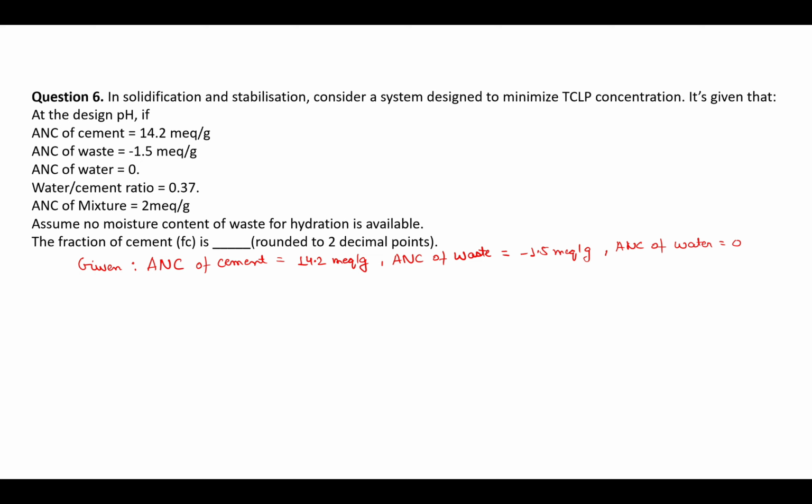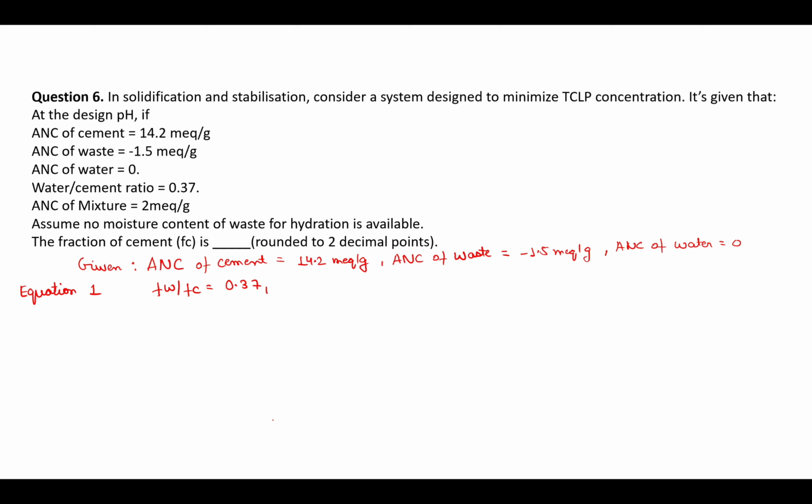So we have been given the acid neutralization capacity of the cement, waste and water. So our first equation will be, what is given? We know the water to cement ratio. So fraction of water to fraction of cement is known, 0.37.